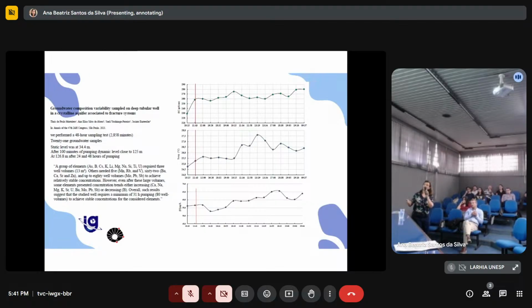And the temperature is not really that easy because when the dynamic water level was stabilized, the temperature seemed to be stable, but then on the second day it changed. It went to another level. Here you have 25.5 degrees centigrade, and here you have 27 degrees centigrade. So it's a difference.